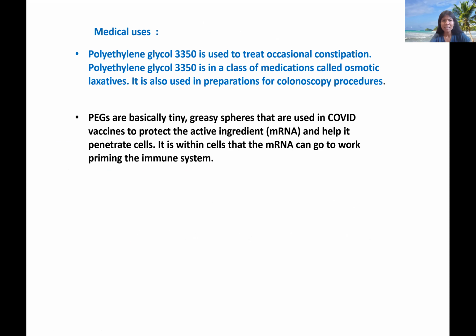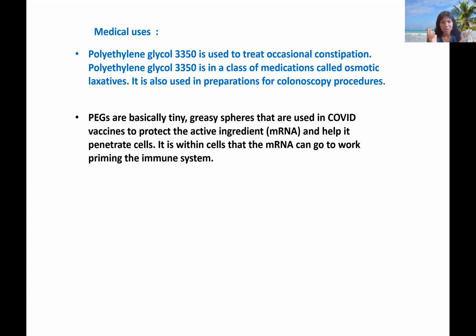PEG has not been used in any other vaccine before, so this is a little tricky. In the Pfizer vaccine, it is mainly protecting the mRNA, the main basic thing of this vaccine. PEG is like a gum.